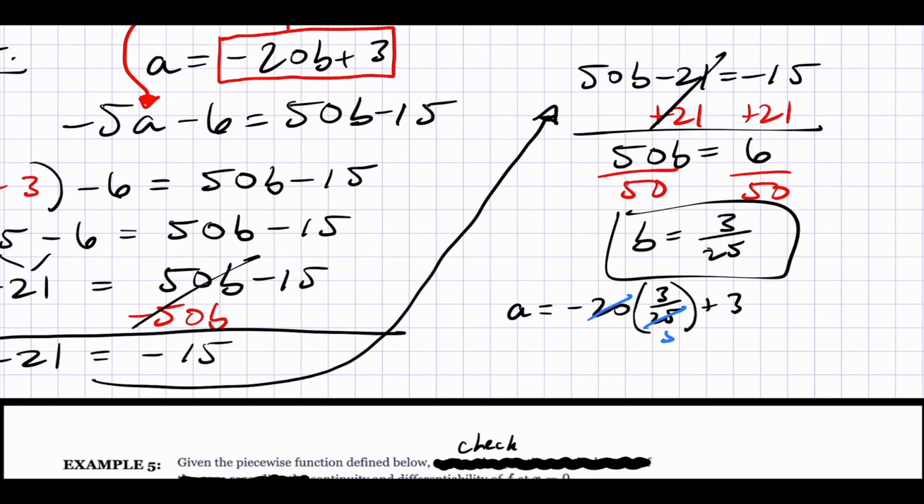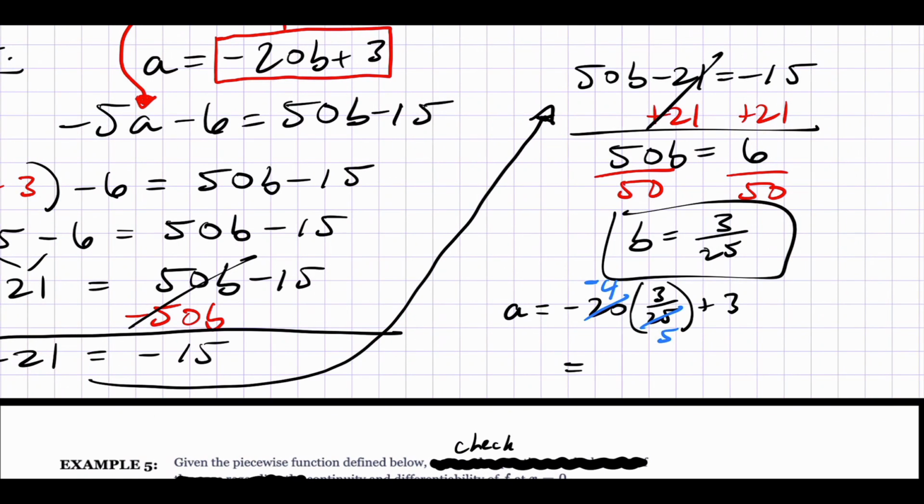That becomes a 5. That becomes a negative 4. So I get negative 12/5 plus 3. 3 is 15/5. Add them together, and I get 3/5.